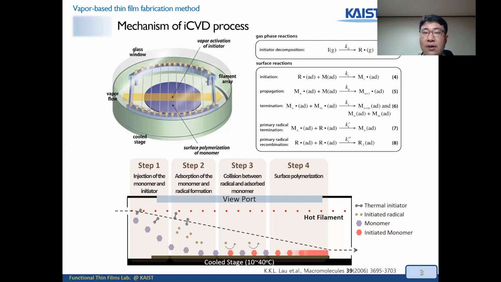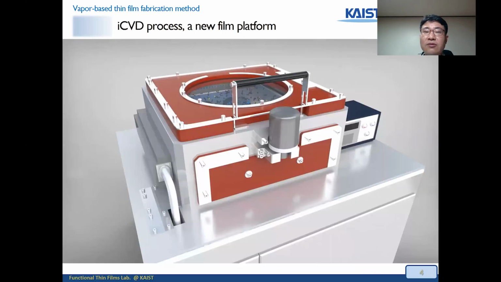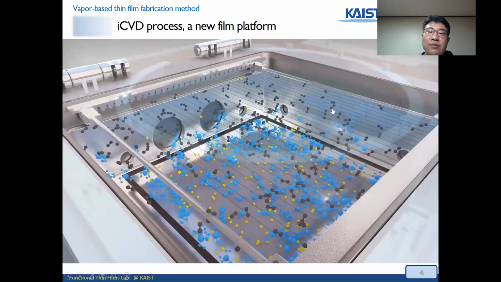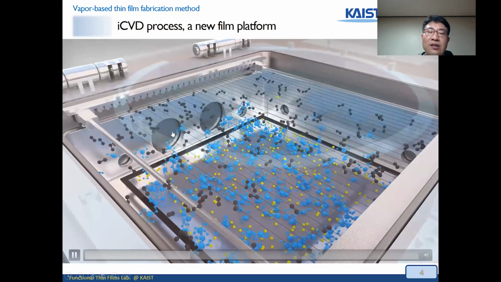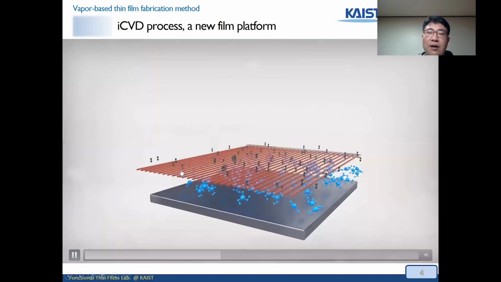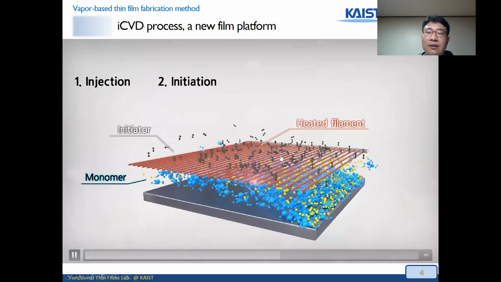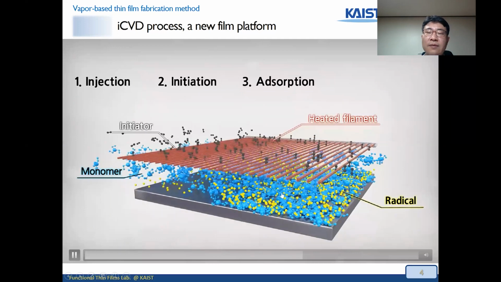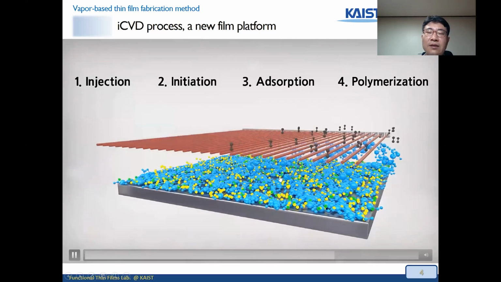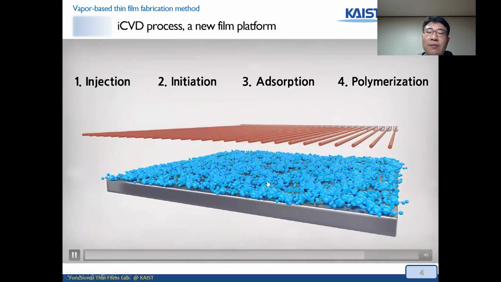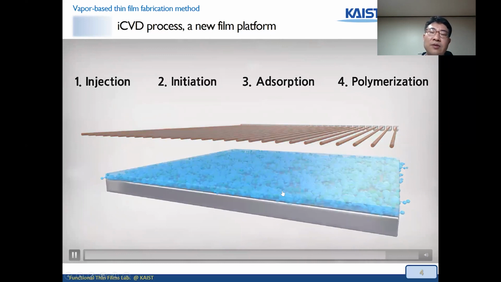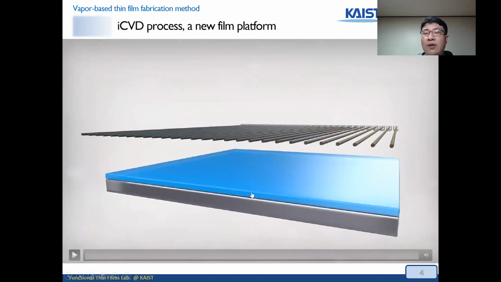This movie can explain a little bit more. This is the system that we use. Here, the black initiator and blue monomer flow in, and with the heated filament, the black initiator forms red radicals, which recombine with the blue monomer to form the polymer that grows up as a polymer film.